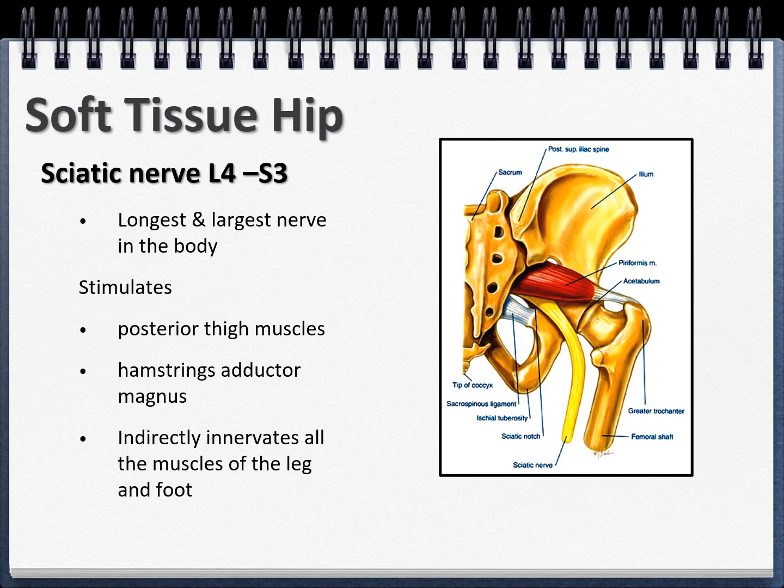It comes out from L4 to S3, but sometimes it goes underneath the piriformis muscle, sometimes it goes through the middle of it, sometimes the muscle loops round the sciatic nerve. So quite often sciatica, which is a pain in the sciatic nerve, is diagnosed, which is really the piriformis syndrome, because the piriformis muscle contracts and causes pain and presses on the sciatic nerve.